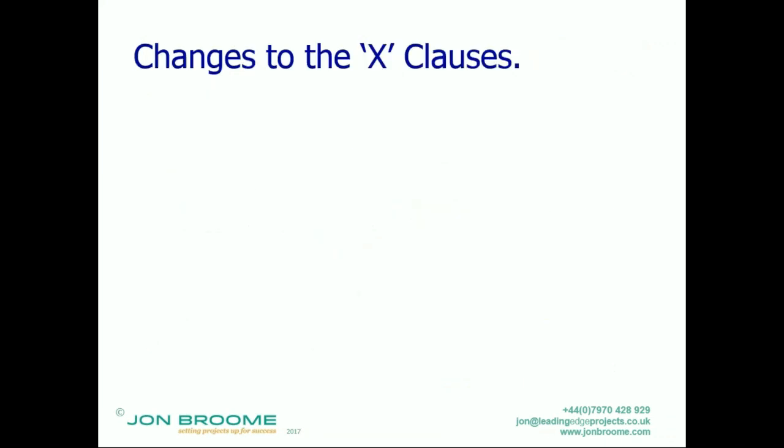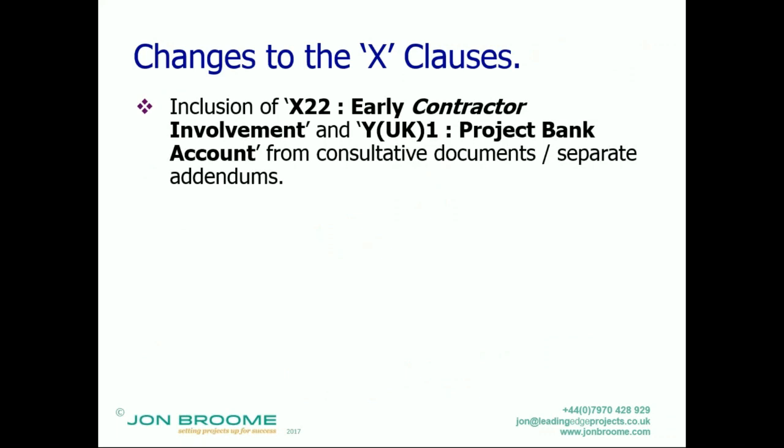Other changes to the X clauses. So inclusion of X22, early contractor involvement. This was November 2015, I think it was. They published an addendum for early contractor involvement. So this is where you work with the contractor to develop the scope to meet a price, and then it's converted effectively into a target cost contract where there's pain and gain around it.